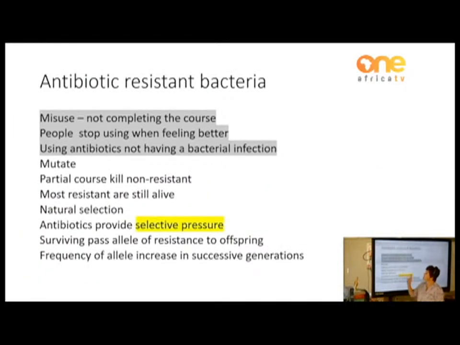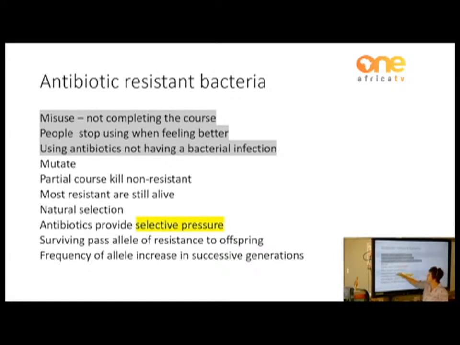Because of the misuse, not completing your course, people stop using when they feel better, or they use antibiotics, but they do not even have a huge bacterial infection. The mutation takes place, and the course does not kill all the bacteria.